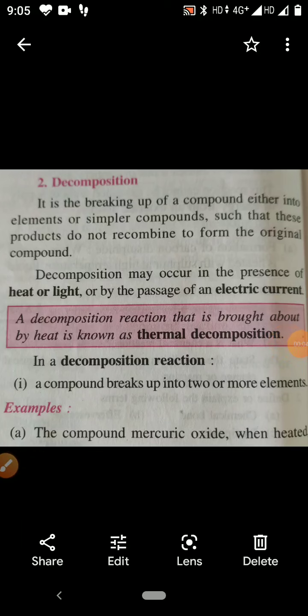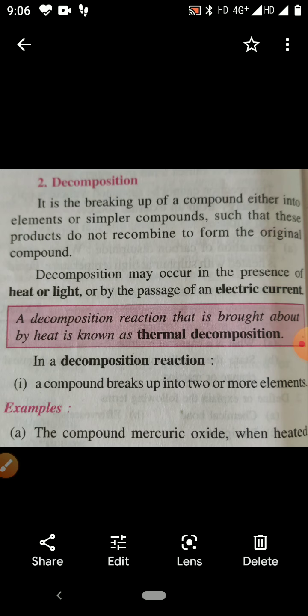In this class, you will study in detail about decomposition reaction. You know, decomposition reaction is that reaction in which a compound breaks into two elements, or two simpler compounds, or one element and one compound.